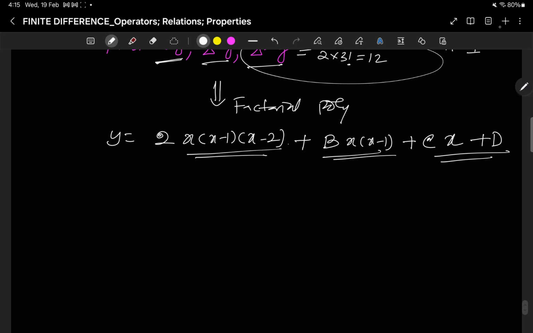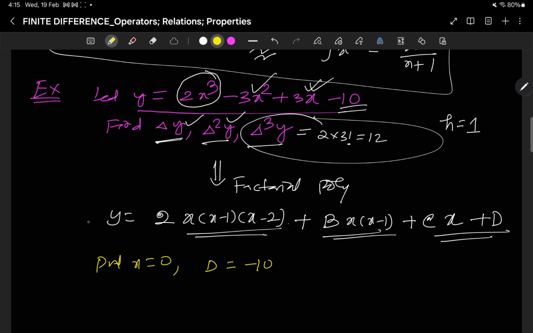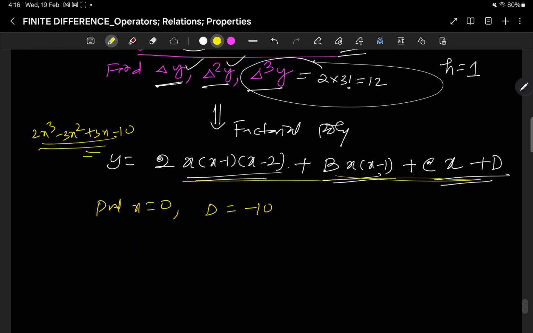So the adjustment is like this. If we put x is equal to 0, then d is equal to minus 10, because on the left hand side y is 2x cube minus 3x square plus 3x minus 10. So we express it in terms of a factorial polynomial, and accordingly we need to find a, b, c, d.